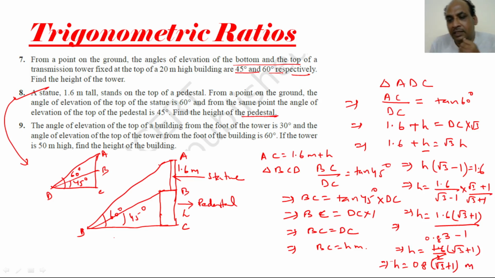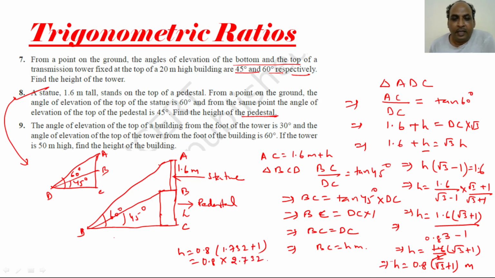Like this also the answer can be written, but if we want, we can even multiply. We can go for 0.8, and as we know root 3 is 1.732, plus 1, so this is 0.8 into 2.732.